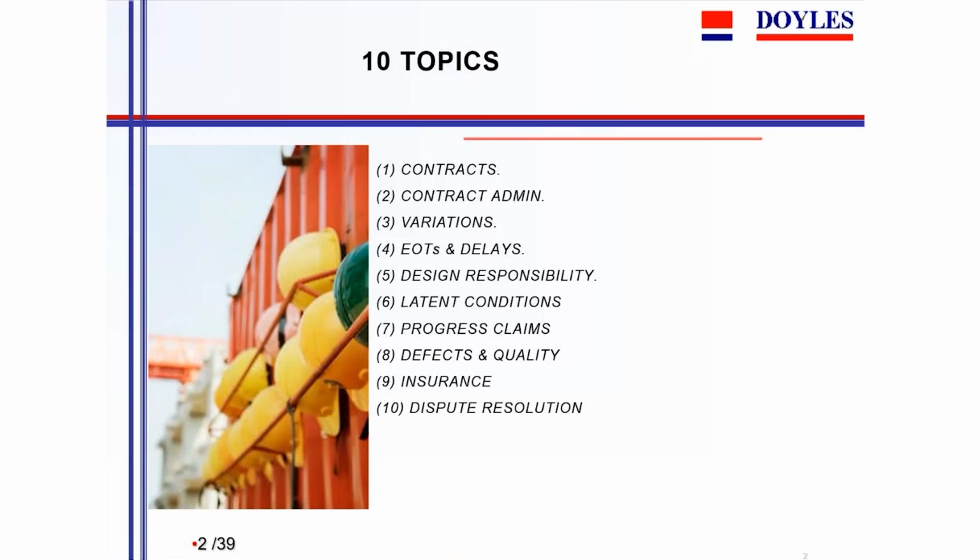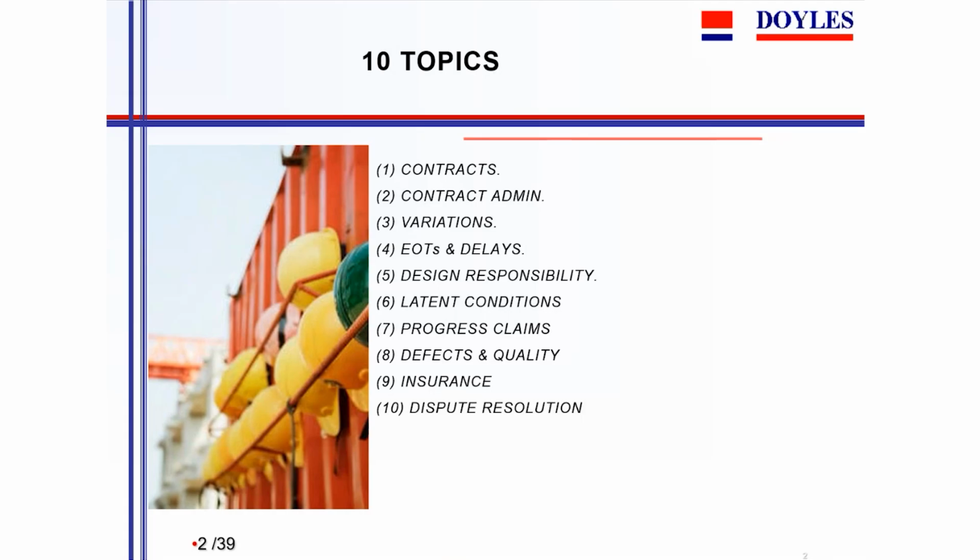Cover over the year. We're starting with contracts, next contract admin, variations and EOTs and delays, a deep dive into those, a look at design responsibility, and then latent conditions, progress claims, which are important these days, defects and quality insurance, that is, making sure that your risks are covered, and finally, dispute resolution.